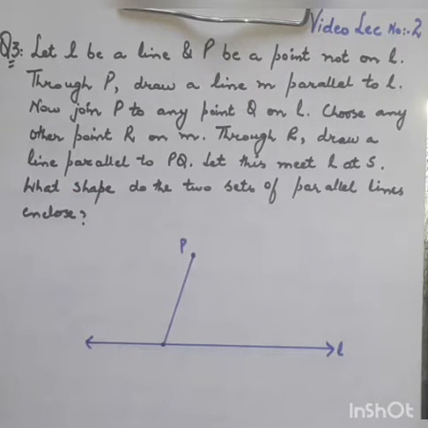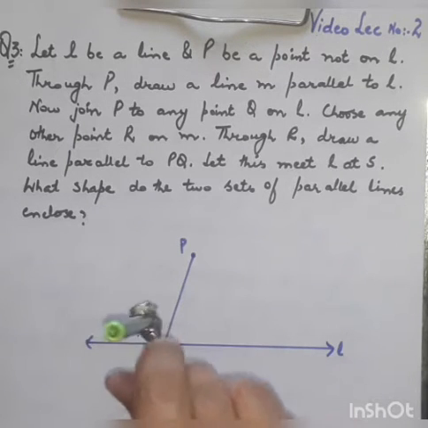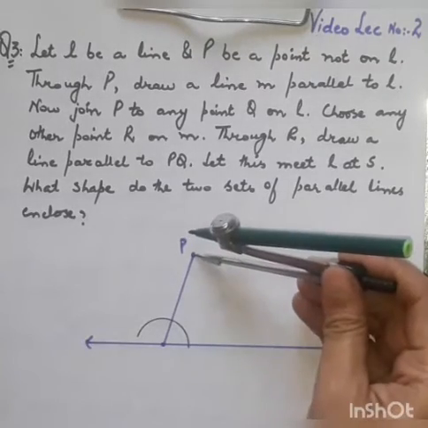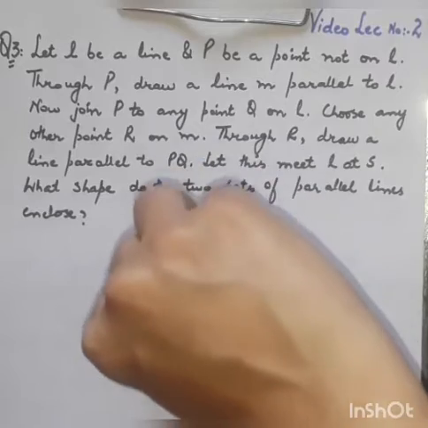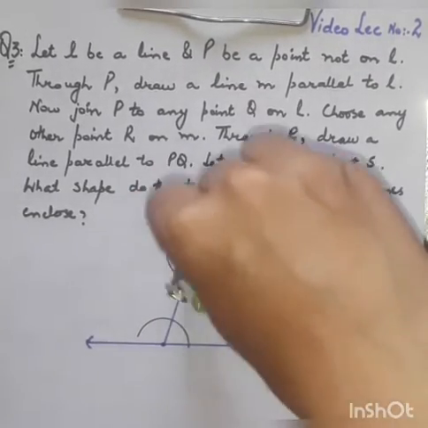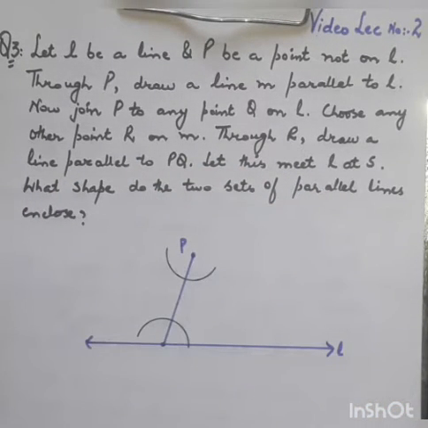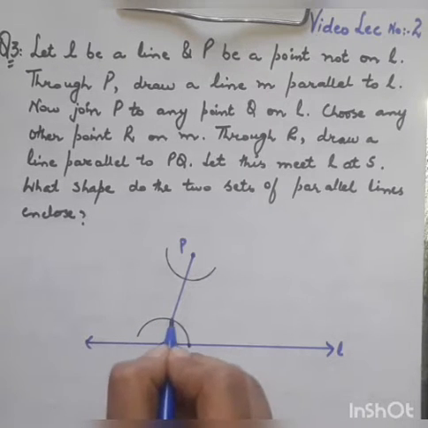Okay. Now with this as center, I'll draw an arc, and with the same radius, I'll draw an arc with center as P. Clear? Now, this arc is intersecting line L at this point and this point.